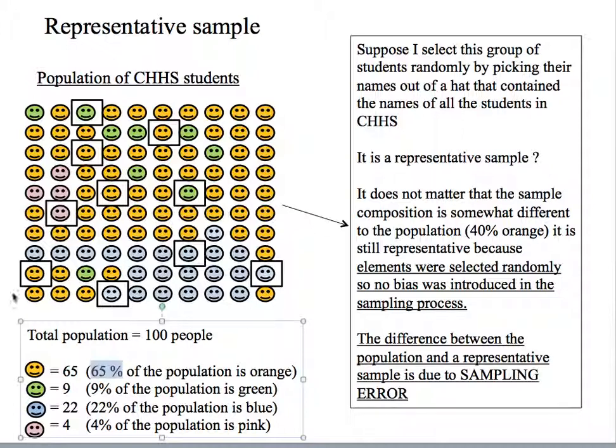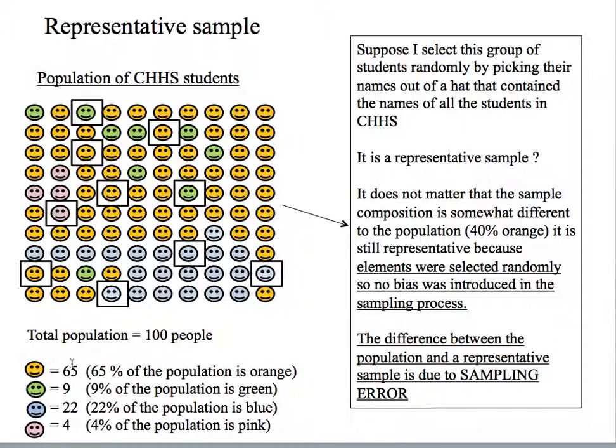All students are happy, smiley, and 65% of them are orange. Now, let's suppose we take a random sample and then calculate the proportion of orange students in that sample. We have 1, 2, 3, 4 orange students out of 10. That gives me a proportion of 0.4, or 40% of the students in my sample are orange.